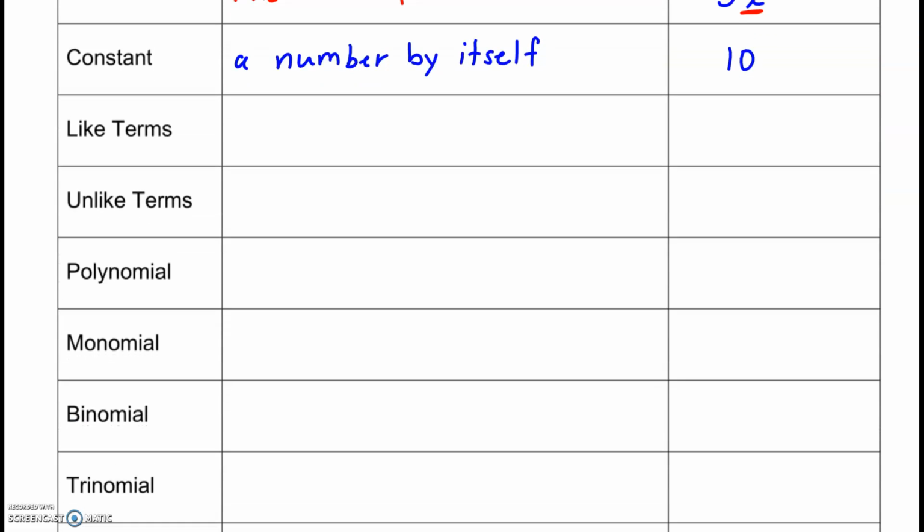We have like terms and unlike terms. So like terms are terms that have the same letter and same exponent.